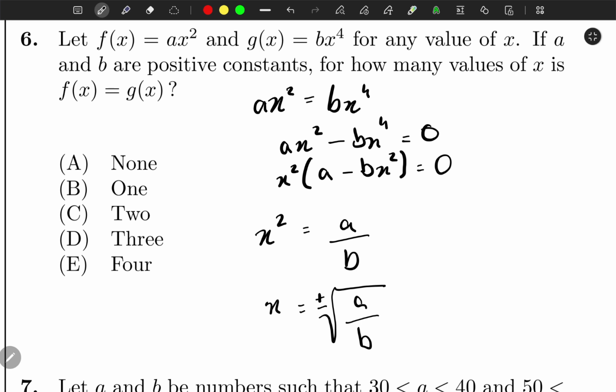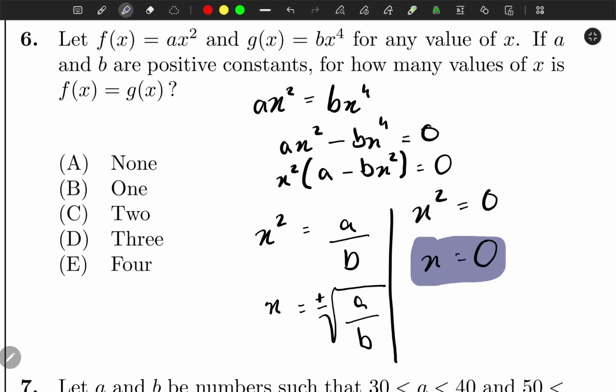Yeah, I left out one of the solutions, which probably messed everything up. But now we can set this whole factor to zero, and that's going to give us this. But we also have to set x squared equal to 0, which is then going to give x equals 0. So that means we actually have one answer as x equals 0, and then we have two answers from this over here.